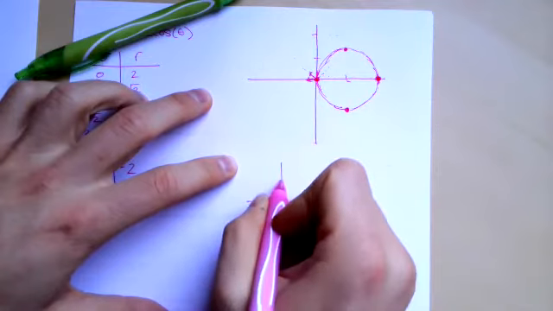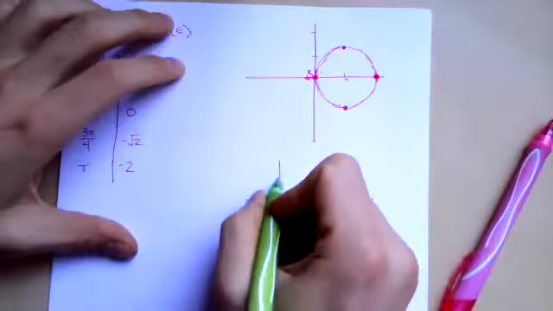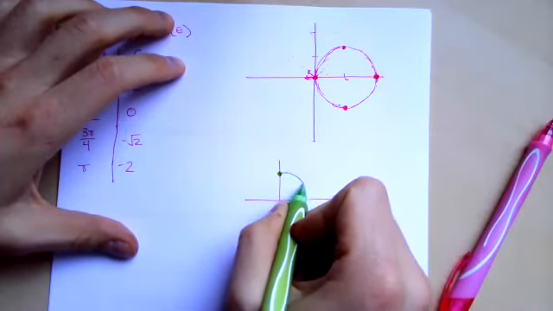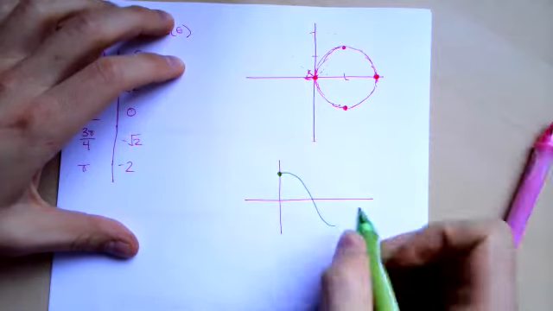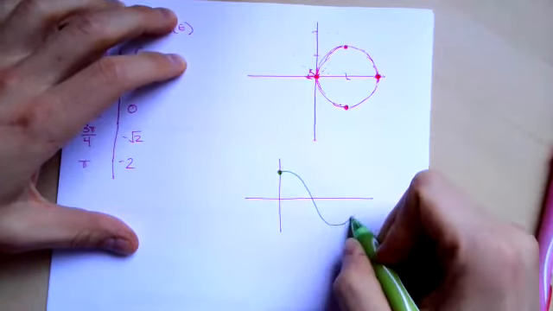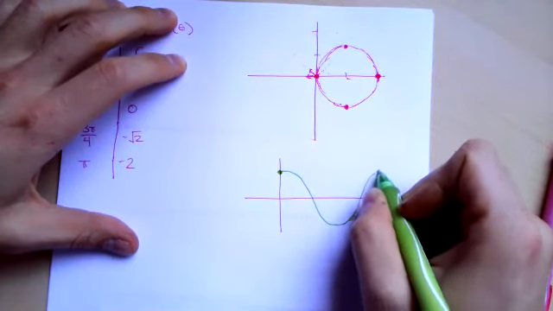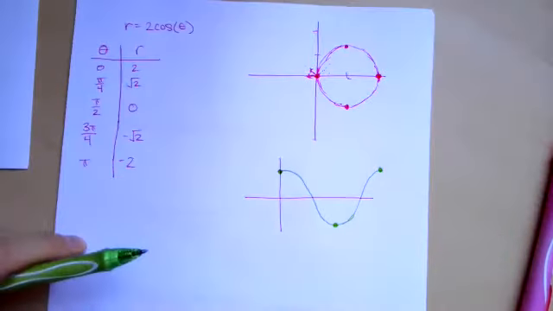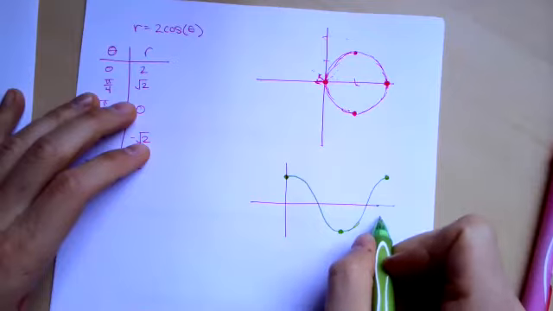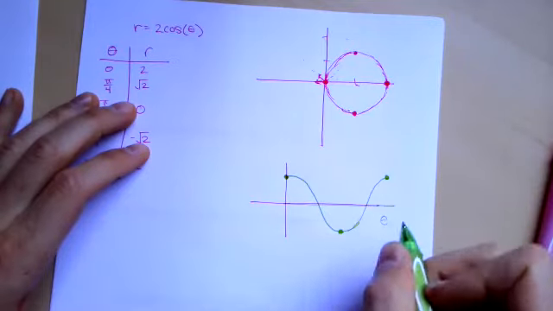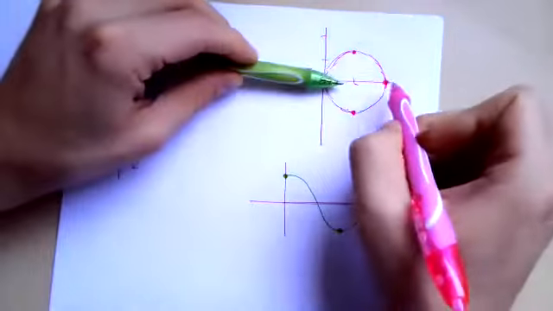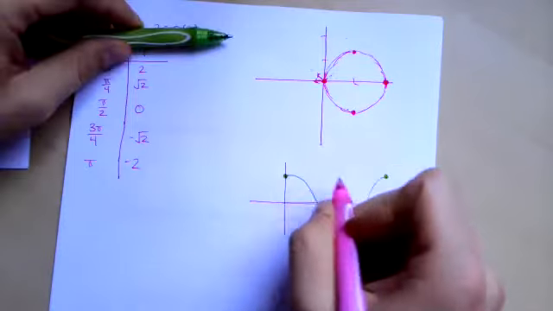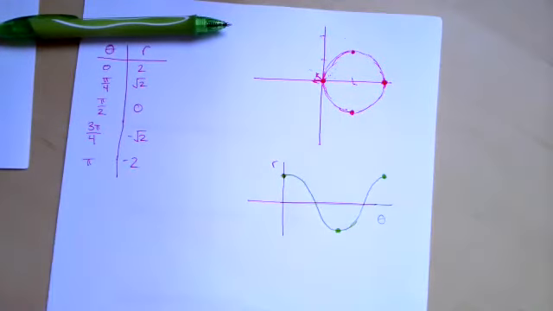Since we're starting at 0, cosine starts at a peak, goes to 0, hits a valley, and then comes back up and ends at a peak. My x-axis is my theta, and the vertical axis would be the radius.